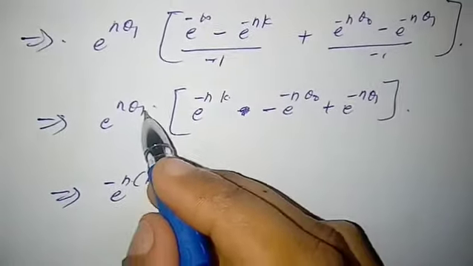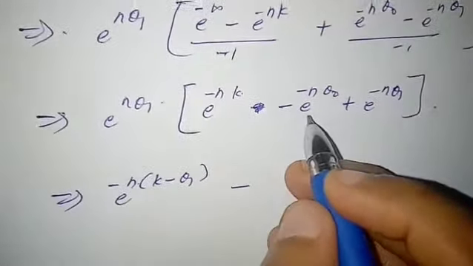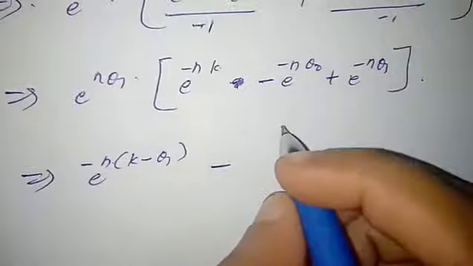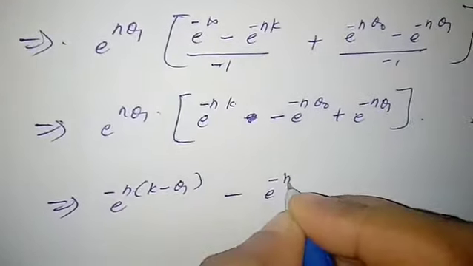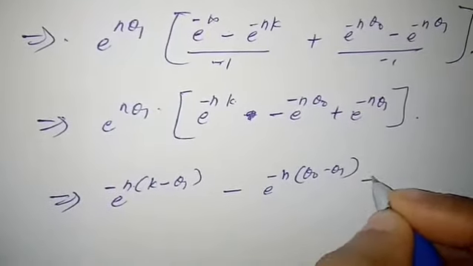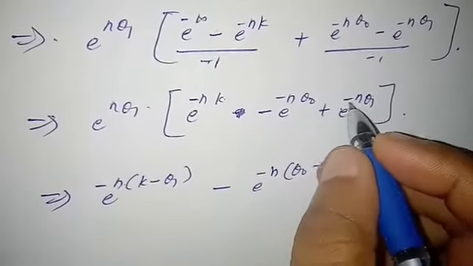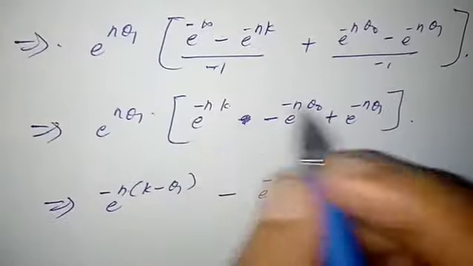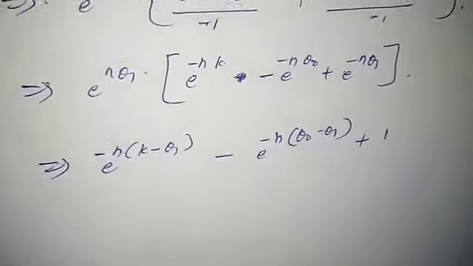Then this term, e power minus n into theta naught minus theta 1, then plus e power n theta 1 into e power minus n theta 1, that is this term divided by this term, that is 1.